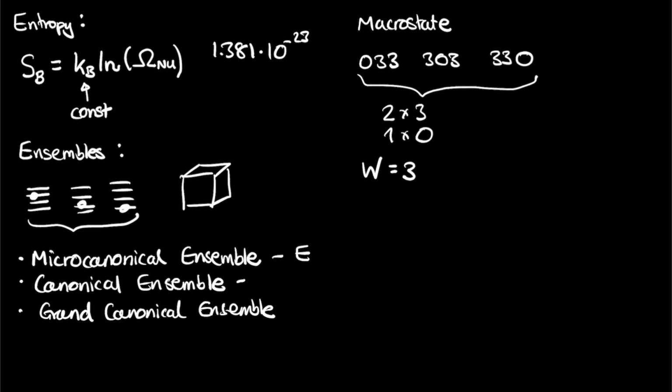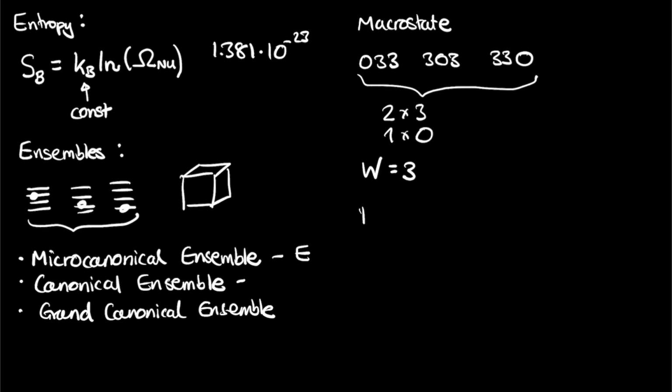In this case we have 3 different microstates, but they're all comprised of the same numbers, and so this is a macrostate. Simple as that. It's a way of grouping together certain atoms, certain molecules.